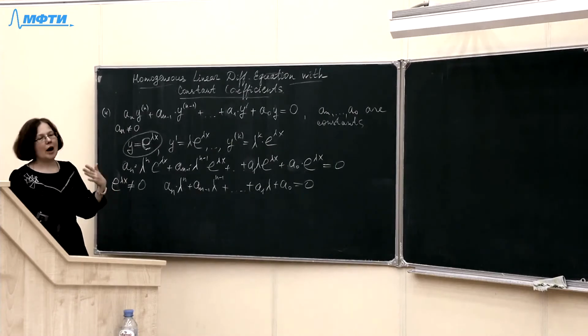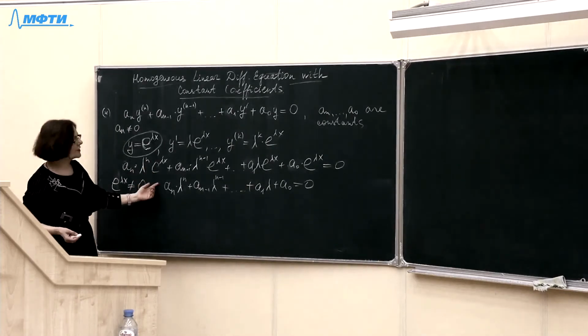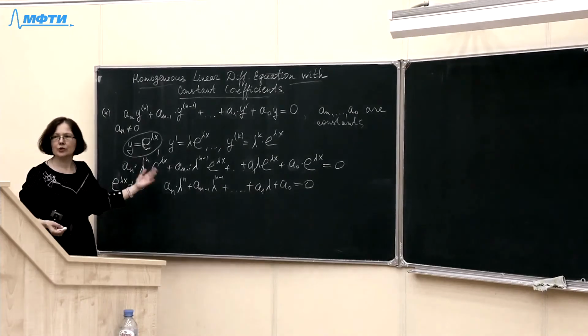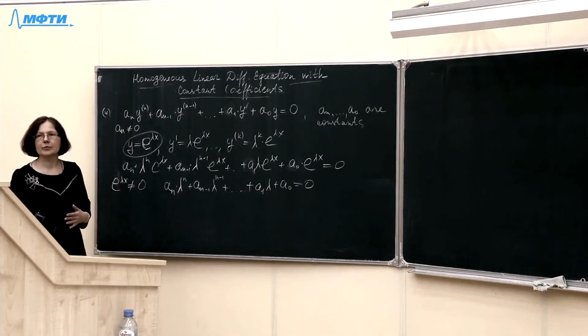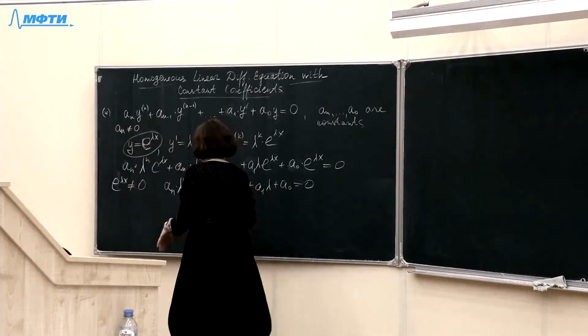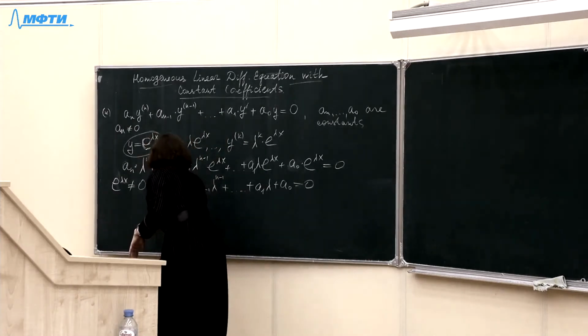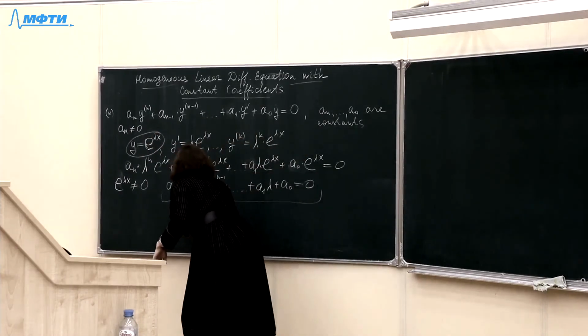So our task is to find the solutions, the roots of this polynomial equation. This equation is called the characteristic equation of our differential equation. So it is a definition. It is called the characteristic equation.